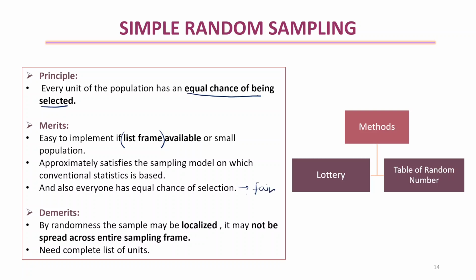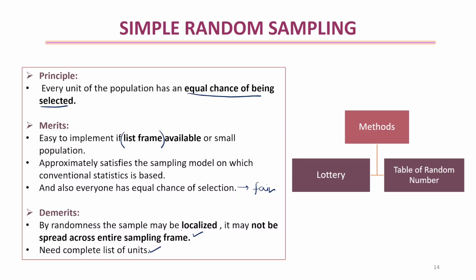The demerit of this sampling is, the biggest limitation is that we need a complete sampling frame. That means a complete list of everyone in the population. Without that list, we cannot perform simple random sampling. Another limitation is that purely by chance, the selected participants may all come from one part of the population.